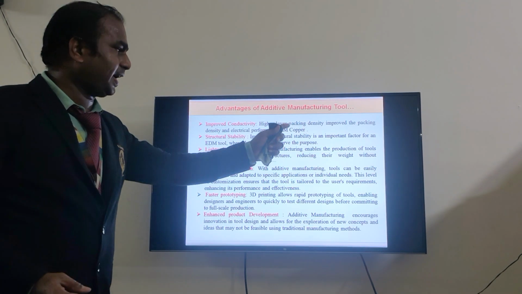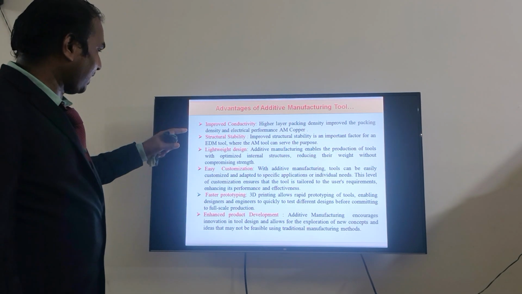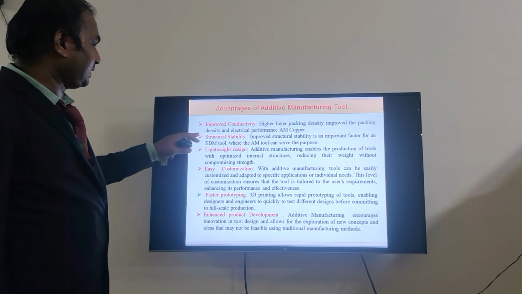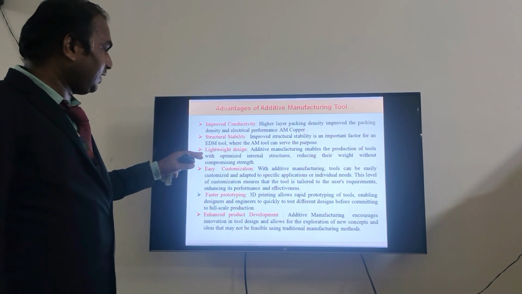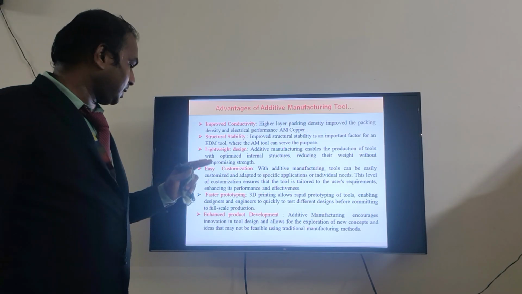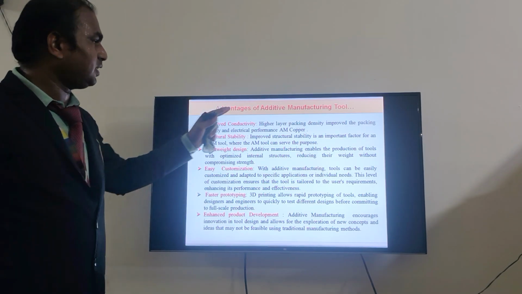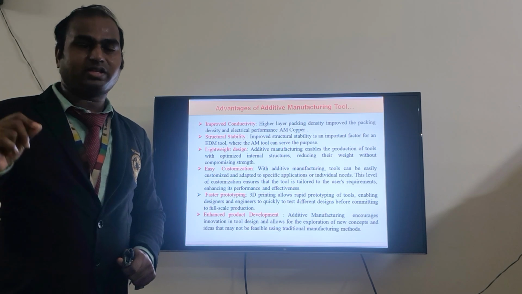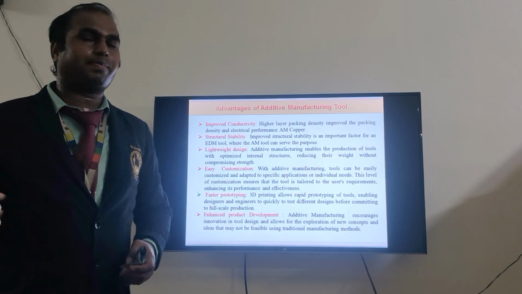Next are a high layer of packaging density, improved packaging density and electrical performance with additive manufacturing tools. Then structure stability, lightweight design, easy customization and faster prototyping. In this technology, I am going to use a special technique called additive manufacturing, metal fused filament fabrication.